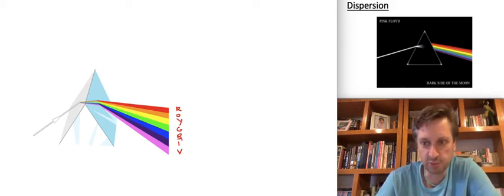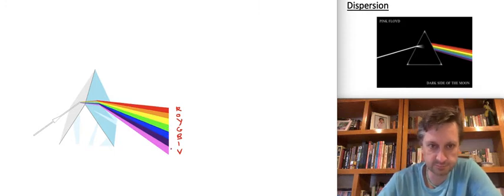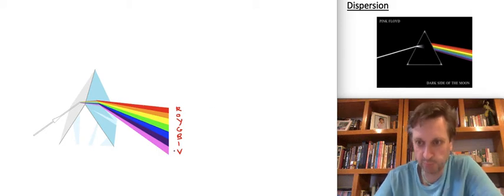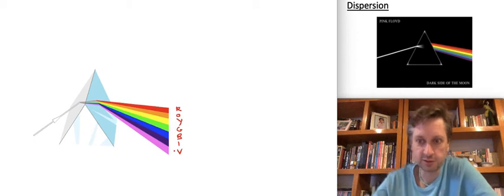I think it's easier to remember Roy, G, Biv. And those letters obviously stand for, in order, red, orange, yellow, green, blue, indigo, violet. Although violet there looks more pink than violet to me. But there you go.